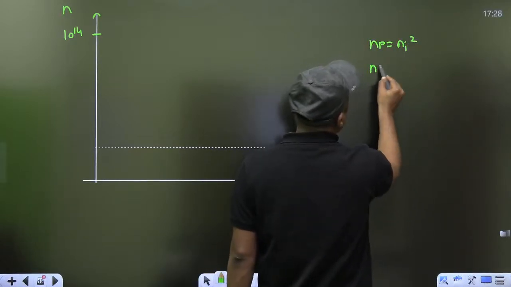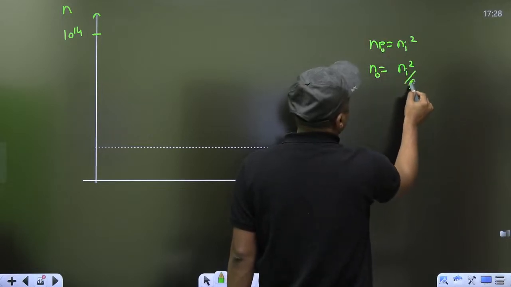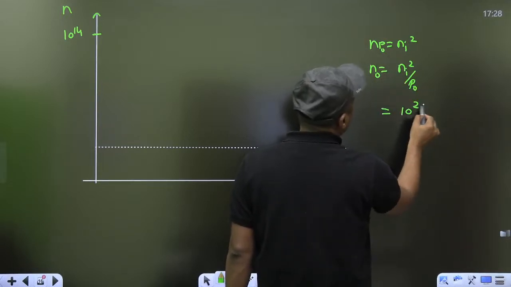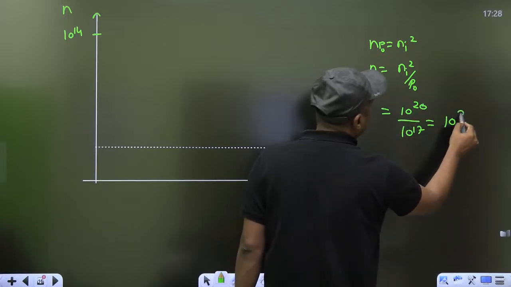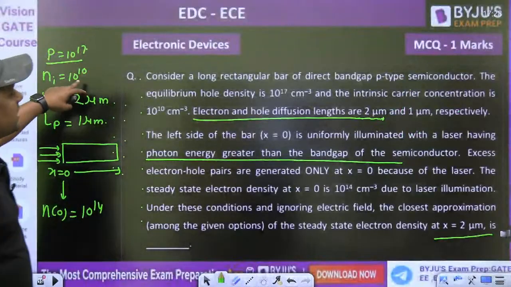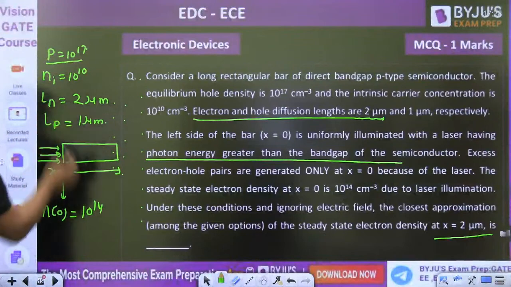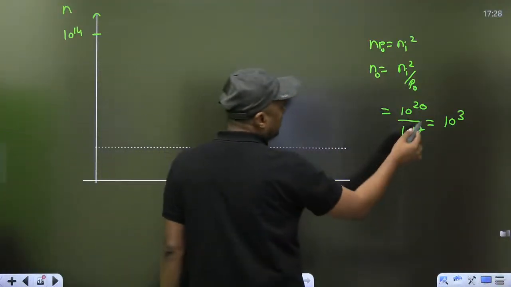So what is the concentration of electron? ni square over p, this is called n naught. 10 to the power 20 divided by 10 to the power 17, that is nothing but 10 to the power 3. The concentration of hole is given 10 to the power 17 and intrinsic carrier concentration is given as 10 to the power 10. So what is the minority charge carrier? This is the n naught only.